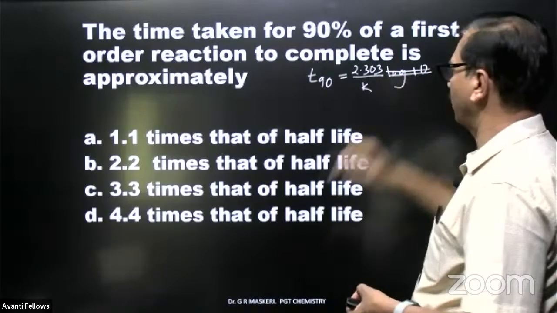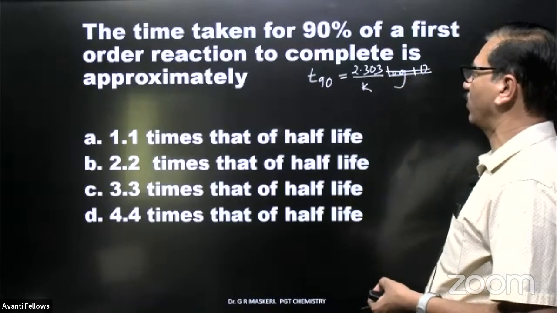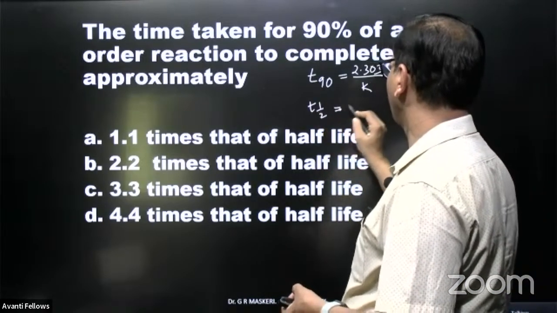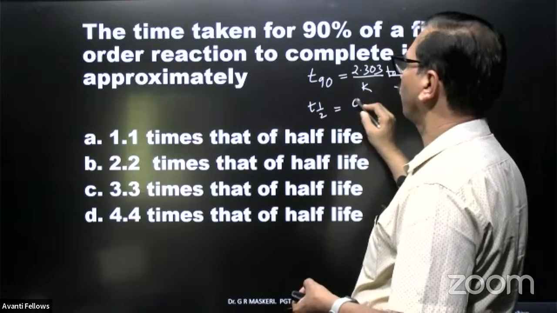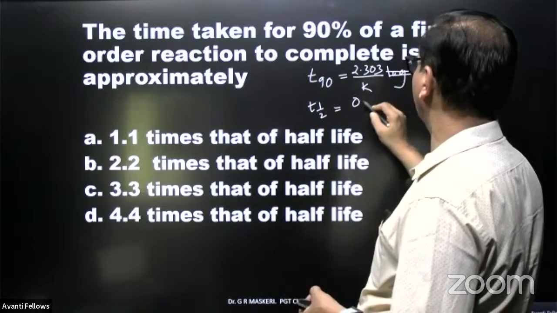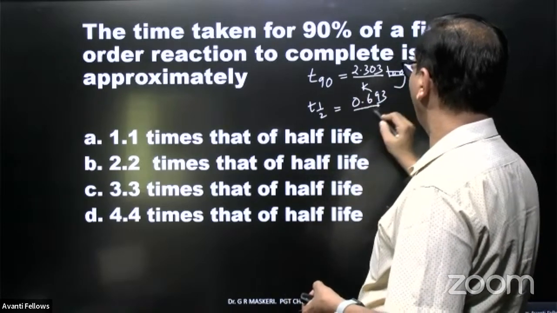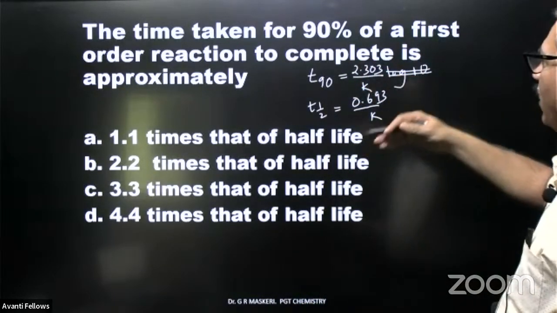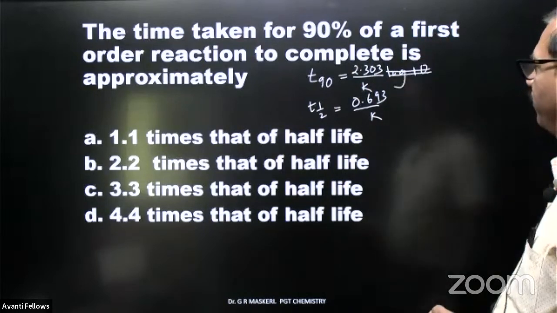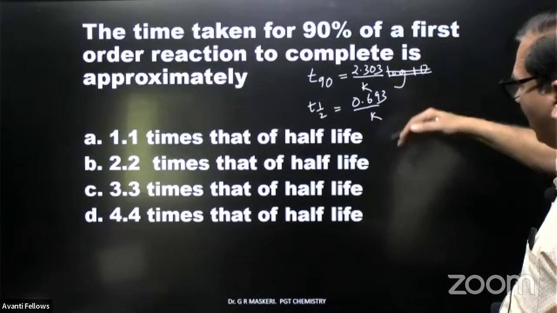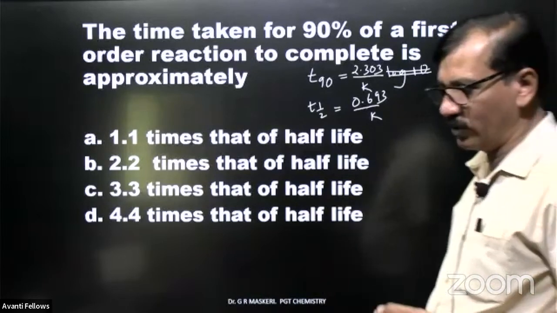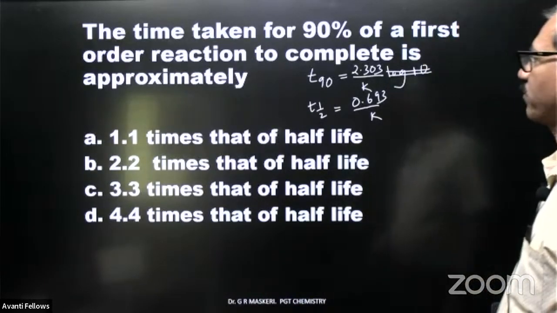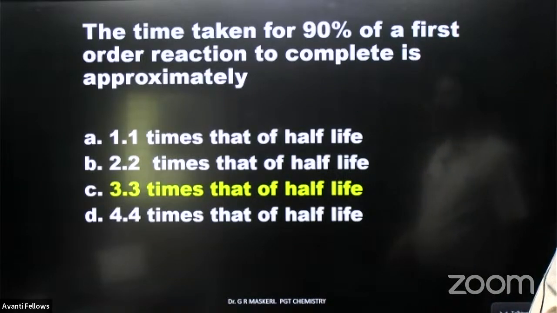So T90 is 2.303 by K. T half for the first order reaction is 0.693 divided by K. You take the ratio, T90 by T half, that is 2.303 by 0.693. If you do that calculation, you will get 3.3 times. Fine. This is the way you can do it.